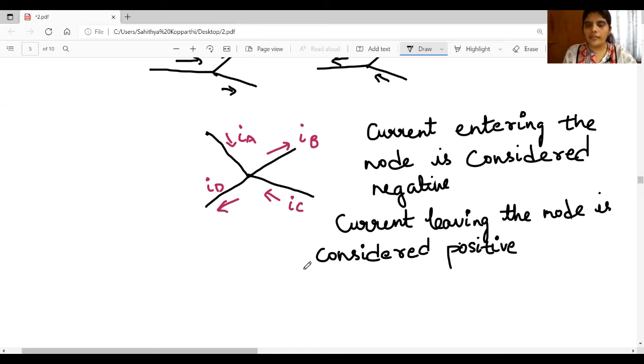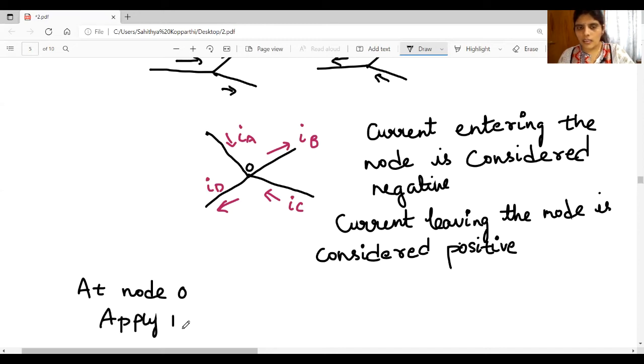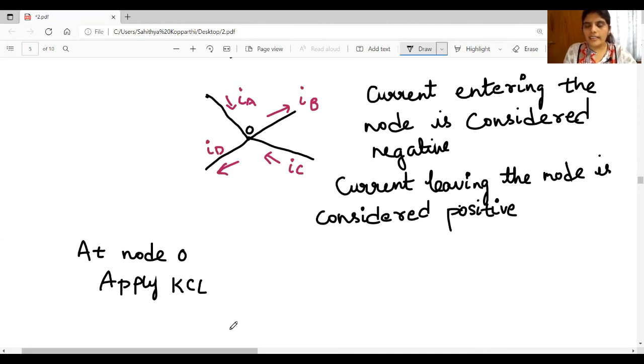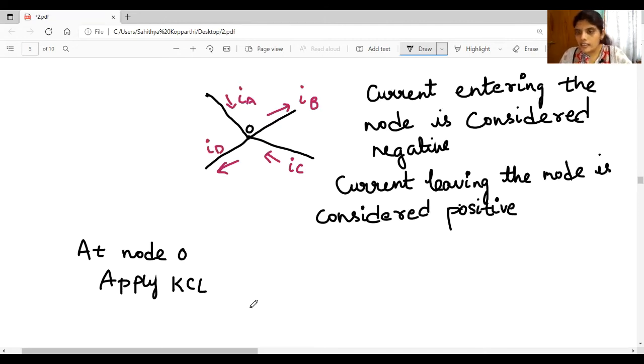Now if you consider this node as O, at node O apply KCL. IA is entering, so its sign is taken as negative: minus IA.